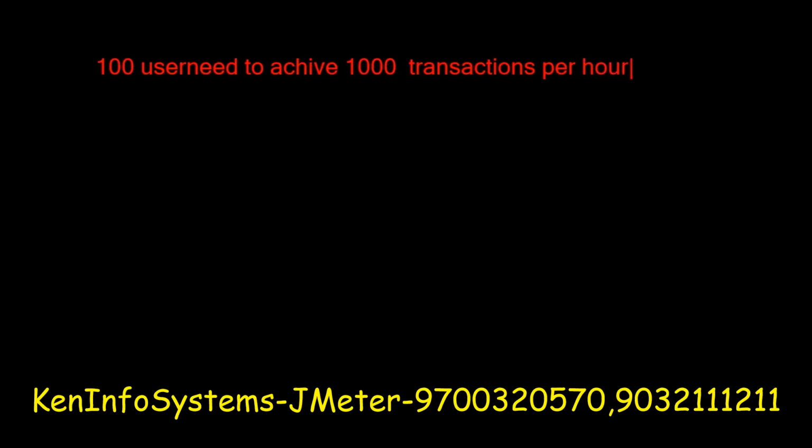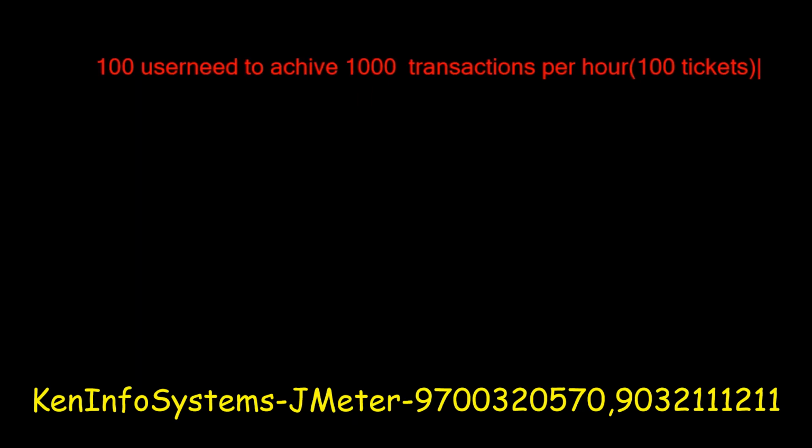Here 1000 transactions per hour means you need to book 1000 tickets. So we need to do a load test with 100 users. 100 users need to achieve 1000 transactions per hour, which is nothing but in 1 hour they need to book 1000 tickets. So each user needs to book 10 tickets in 1 hour.